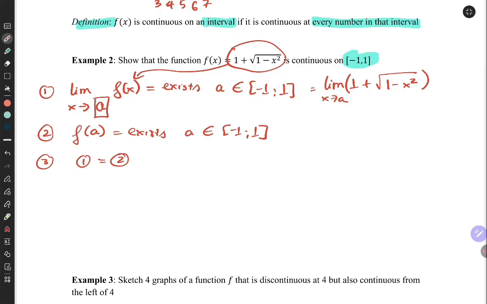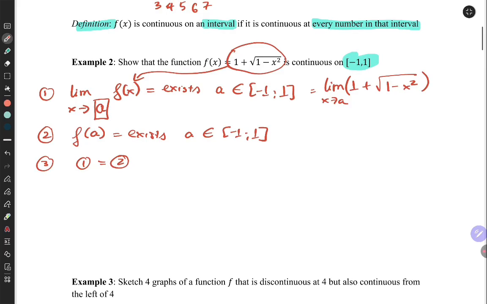The only time you cannot plug in is when you have 0 on the bottom. Only when you have 0 on the bottom, strictly, you cannot plug in and you have to analyze. But this time it's just one single line, just a rational expression with a square root. Nothing to harm you. So just plug in normally, 1 plus the square root of 1 minus a squared. But just keep in mind that a is between negative 1 and 1. You can plug in. You're not plugging in 0. Even if you plug in 0, nothing happens.